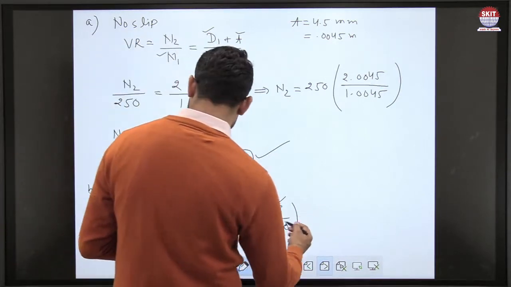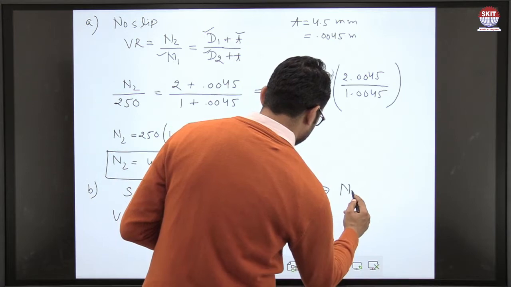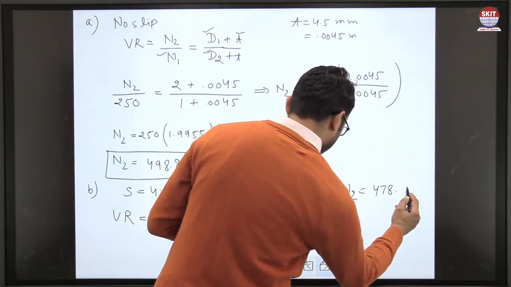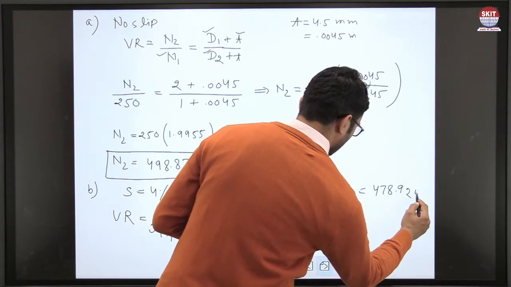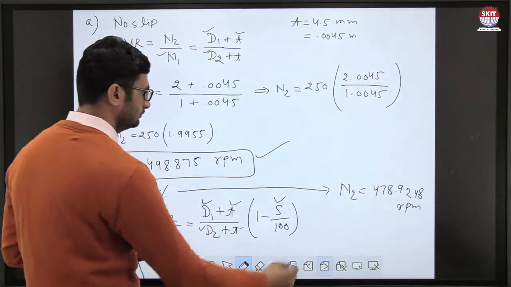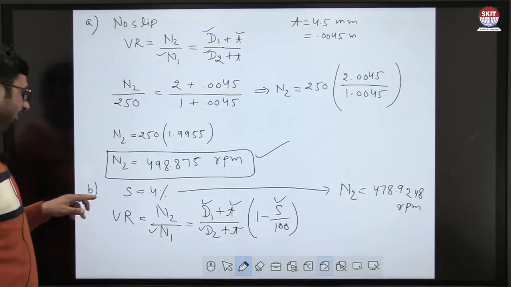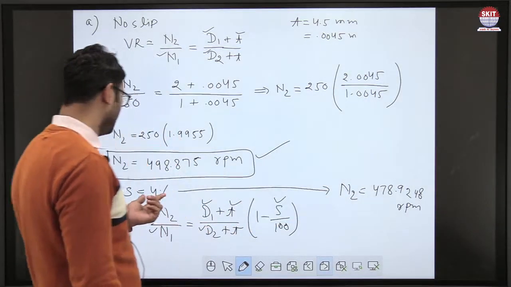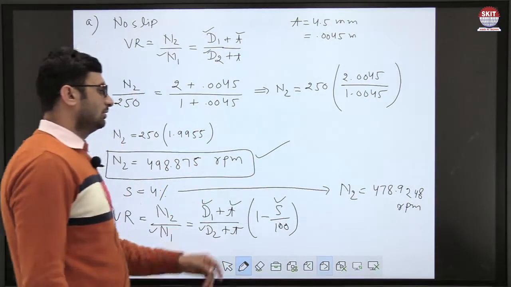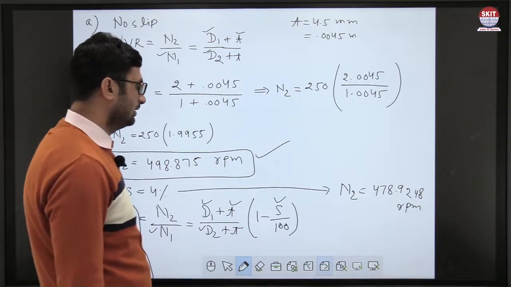In case B, when slip of 4% is present, the value of N2 is 478.9248 RPM. This is the RPM when no slip is present, and this is the RPM when 4% slip is present. This is the difference, and it shows the loss of velocity due to the 4% slip.